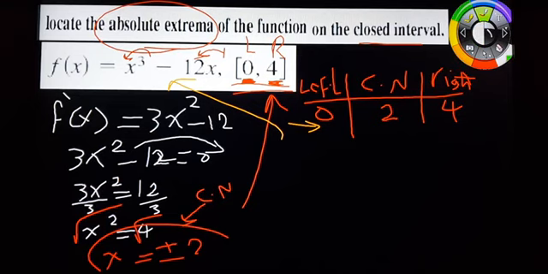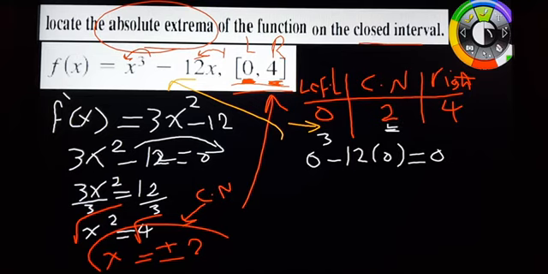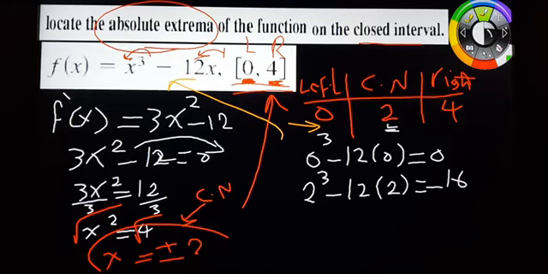So I will replace x by 0 first. So it is 0 power 3 minus 12 into 0 equals 0. Then we take 2, replace it in the original function. So it will be 2 to the power 3 minus 12 into 2, which is negative 16.